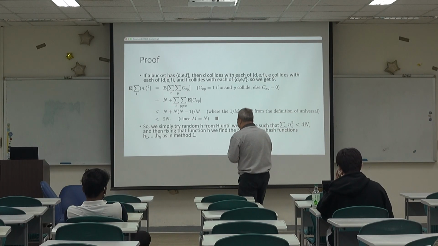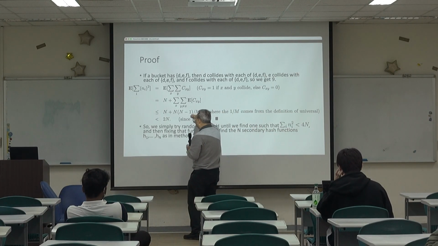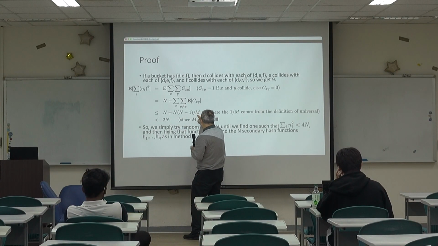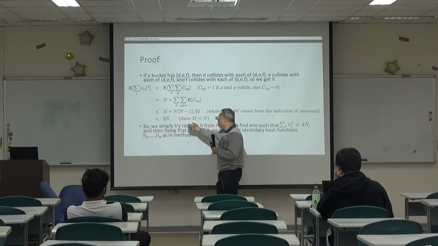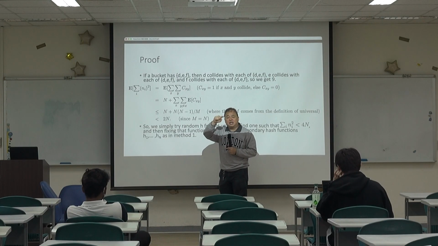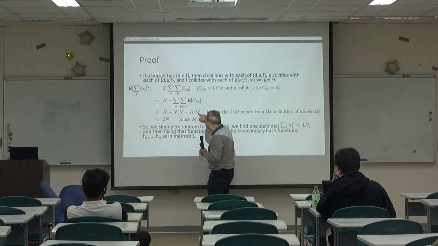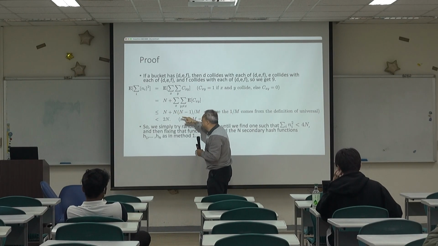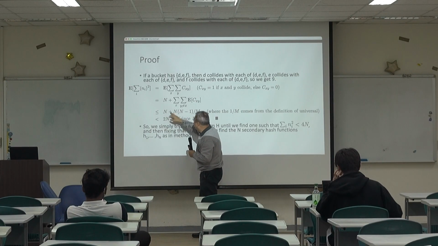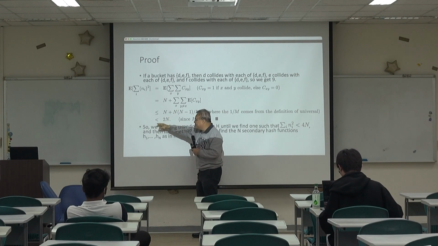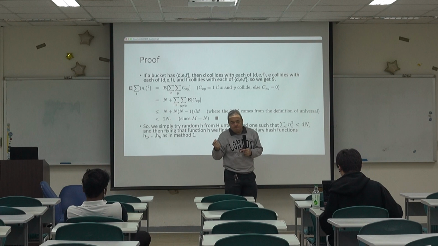So we have this. And also, according to our argument, we say the table is of size n, right? So we can replace n with n. So this one cancels out with n. So it's going to be n plus n minus 1. So it's going to be smaller than 2n, right?